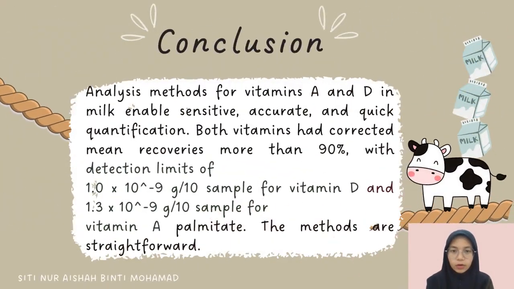The analysis method for vitamins A and D in milk enables sensitive, accurate, and quick quantification. Both vitamins had corrected mean recoveries of more than 90% with detection limits of 1.0 times 10 to the power of negative 9 gram per sample for vitamin D and 1.3 times 10 to the power of negative 9 gram per sample for vitamin A palmitate.